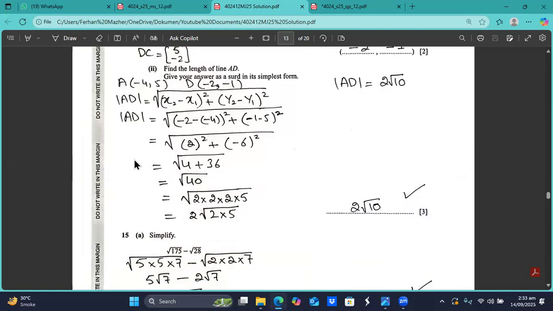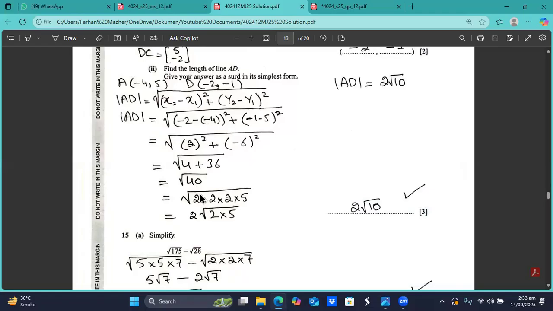The formula for the distance is square root of x2 minus x1 whole square plus y2 minus y1 whole square. So -2 minus 4 whole square plus -1 minus 5 whole square. So it's -6 square plus -6 whole square. So that's 36 plus 4 and it's 40. So take square root of the 40.